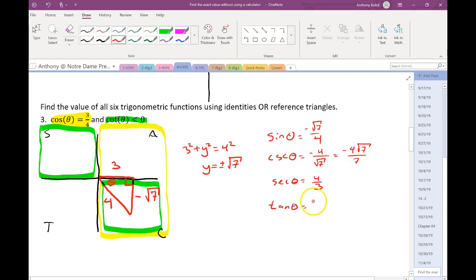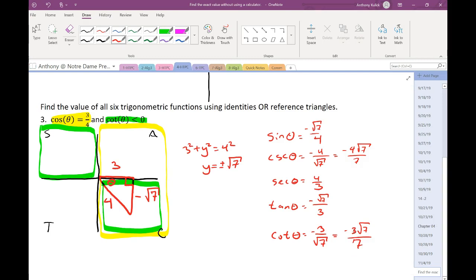Tangent is opposite over adjacent. And cotangent is the reciprocal of tangent. And when I rationalize that denominator, I have that. So there's the other 5 trig function values that I got by using a reference triangle. That's usually pretty easy, right? As long as you get the angle in the right quadrant and make sure the sign on your sides are correct, everything should be pretty easy.